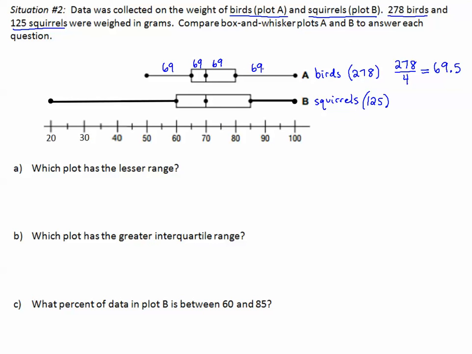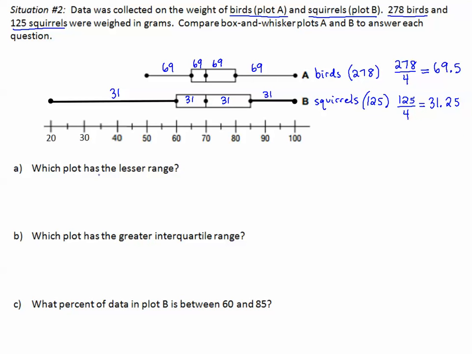There's maybe 1 or 2 data points that's sitting exactly on one of these middle or extreme points. 125 squirrels divided equally by 4 sections makes 31.25. So I know there are 31 data points in each of these 4 quartiles. Maybe 1 or 2 left over sitting on one of the middle points.